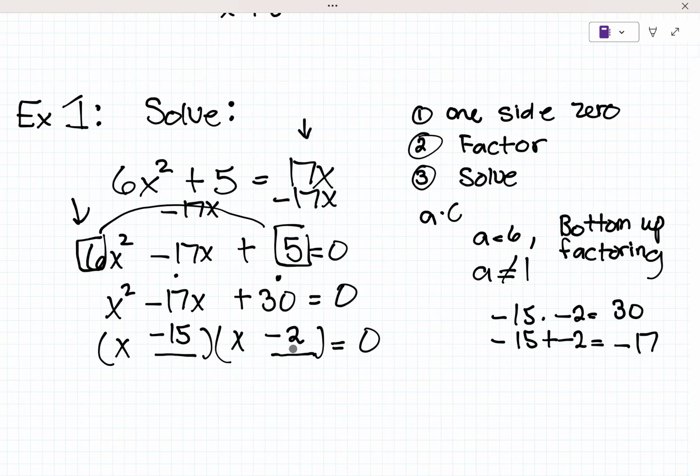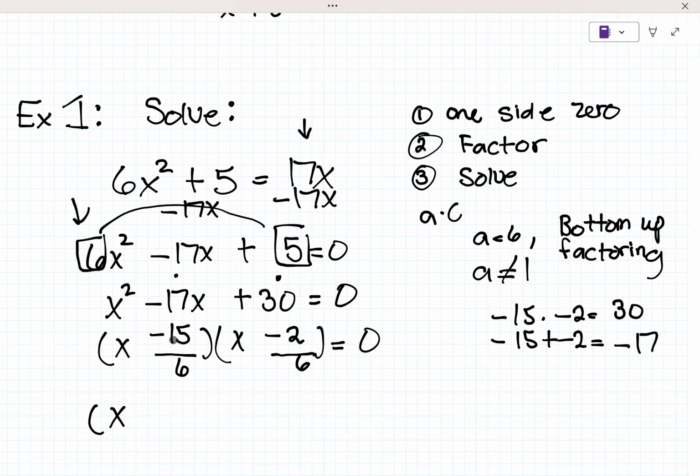Okay, then continuing with bottoms up, I'm going to divide the negative 15 and the negative 2 by 6 only. So don't worry about this x. Do not divide x by 6. Divide only the negative 15 and the negative 2 by 6. Then you don't want it as a fraction, so try to reduce it first.